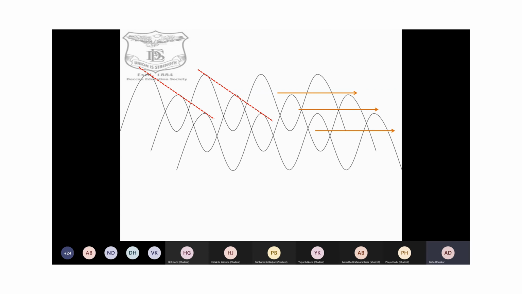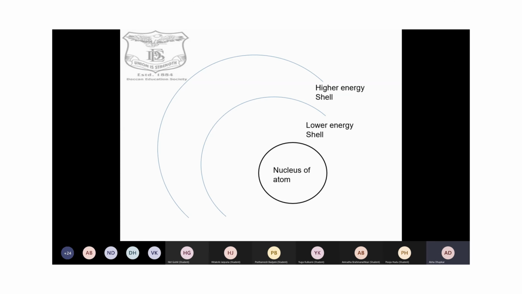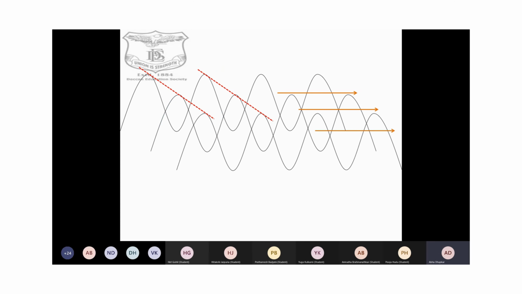And they are parallel to each other and they will remain parallel to each other, which brings out the third characteristic, collimation.